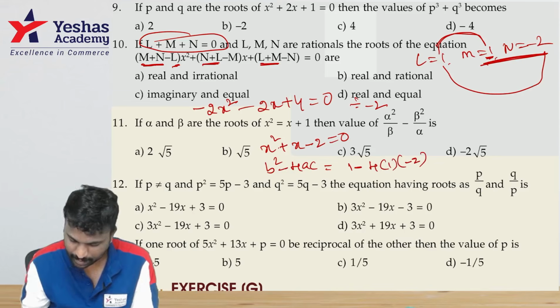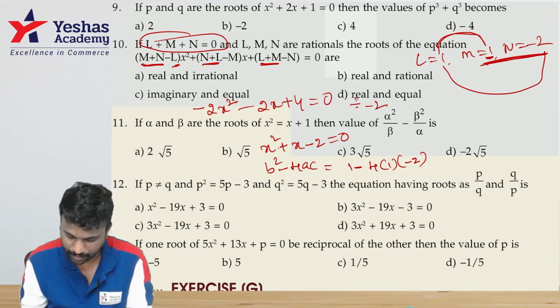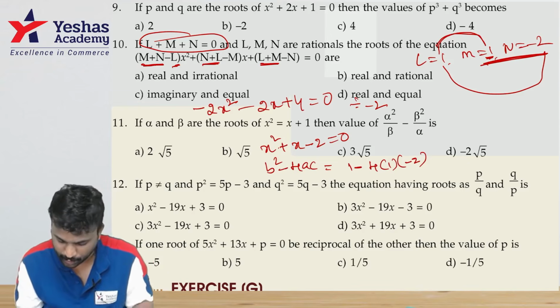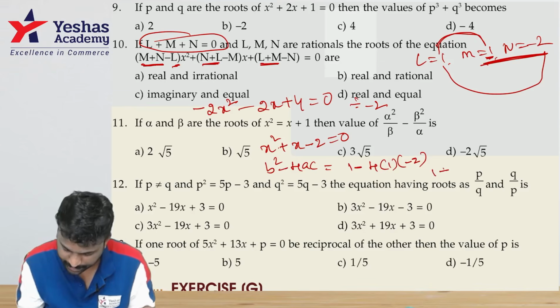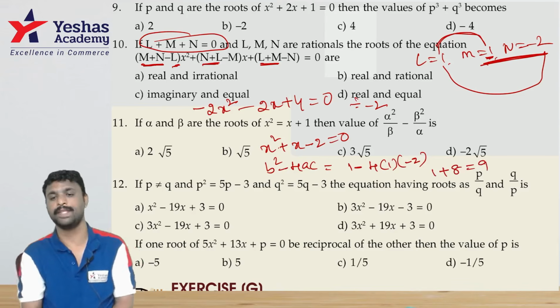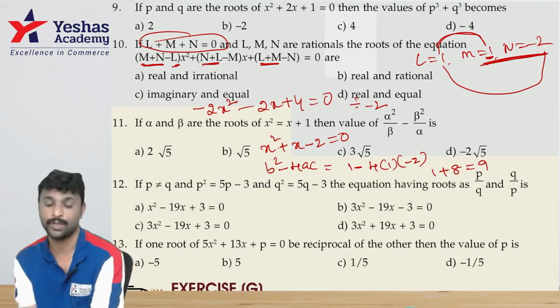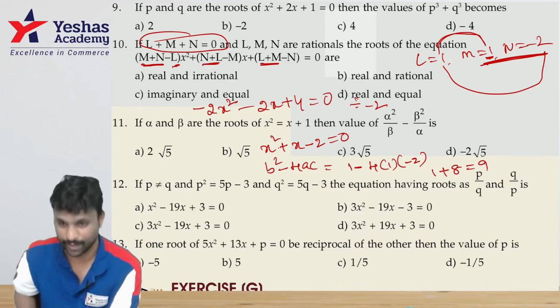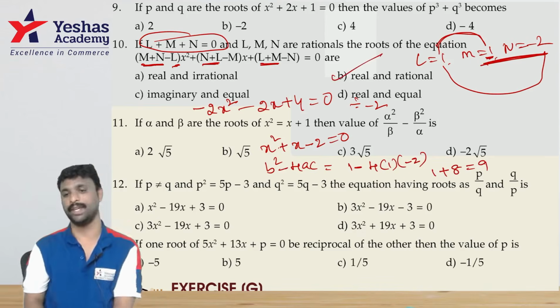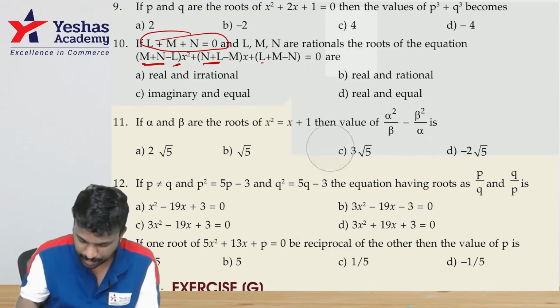So what do you get? 1 plus 8 is equal to 9. So 9 means it's a perfect square, so it's rational, correct? So real and rational. Option B is the right answer. You understood? Moving on to the next question.